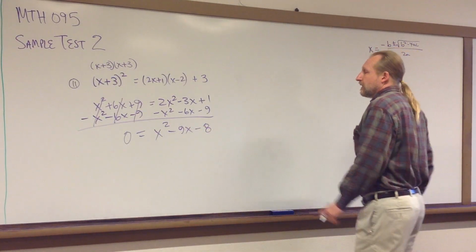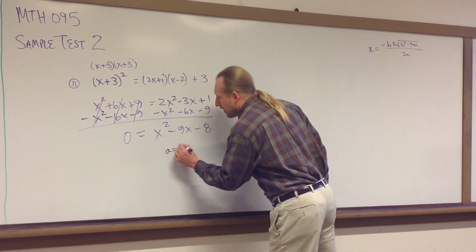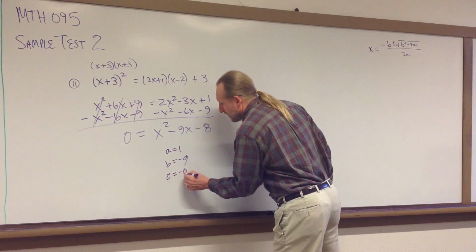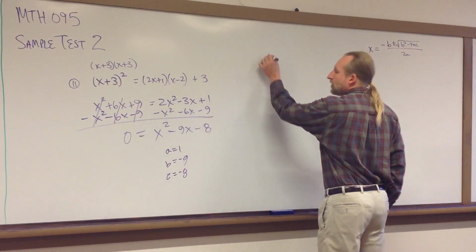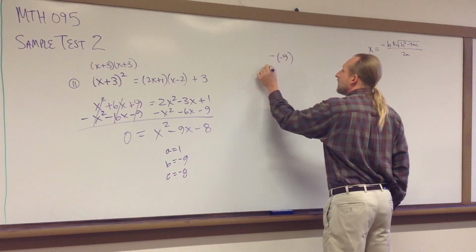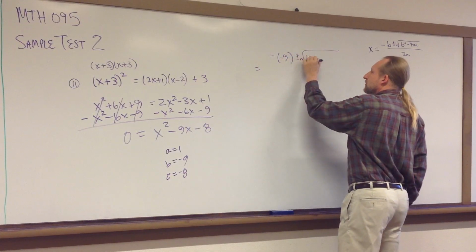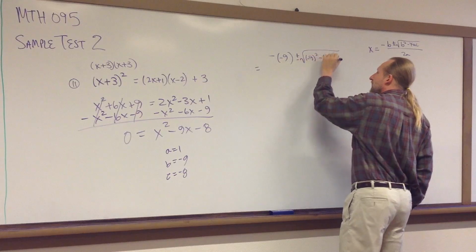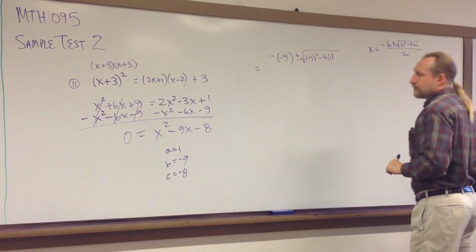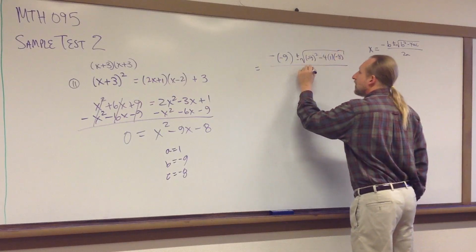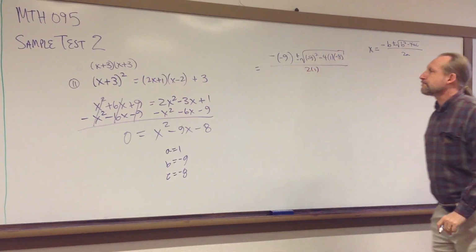So let's go ahead and run this through the quadratic. A is 1, B is negative 9, C is negative 8. So we'll have negative 9 plus or minus square root of negative 9 squared minus 4 times 1 times negative 8, all over 2 times 1.